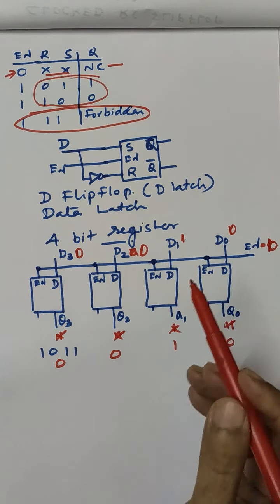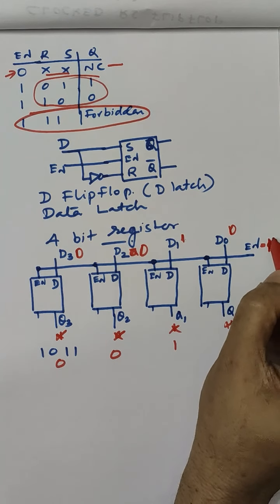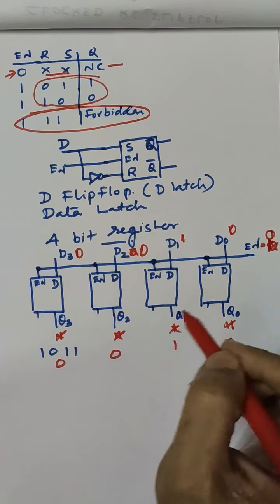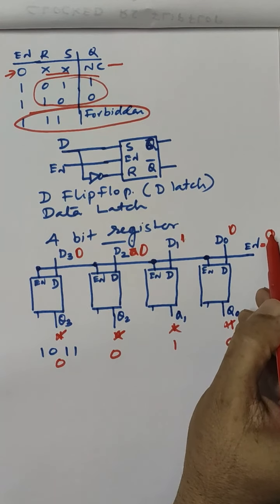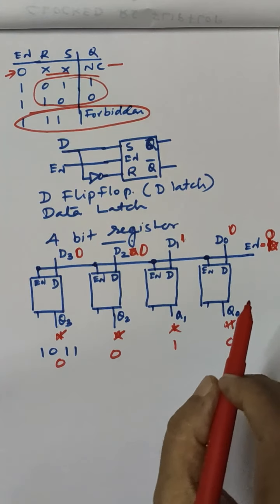And now, in order to make it permanent, you change the enable to 0, and the data will be intact.